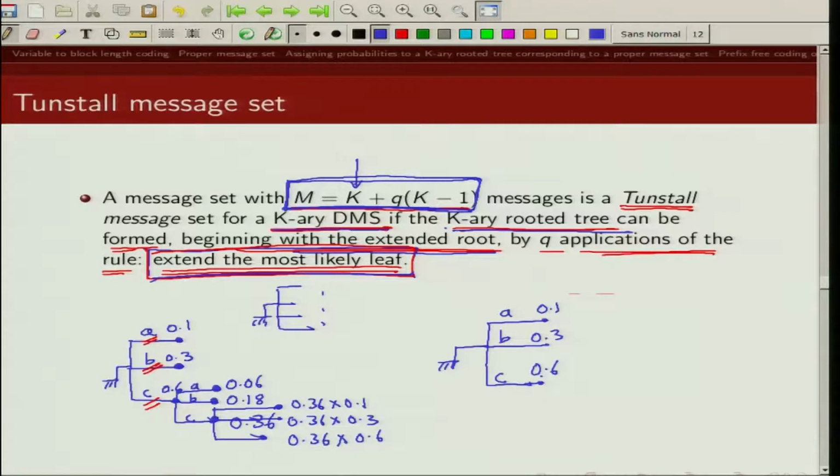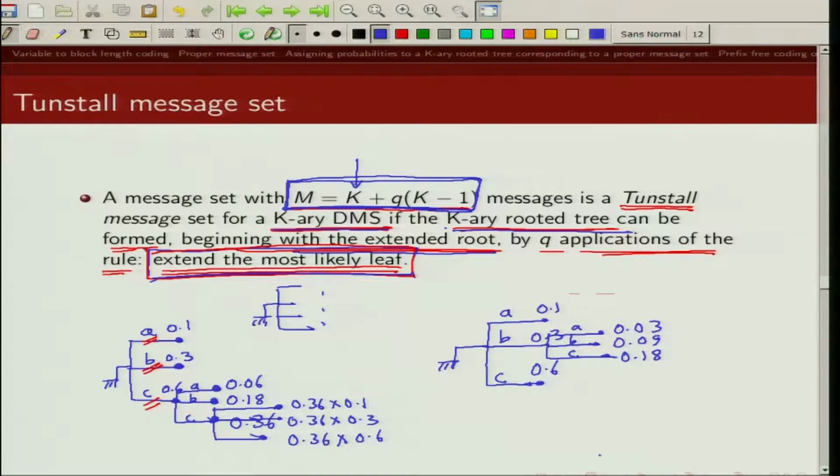Now according to the Tunstall message set rule, I should be extending this particular node. But if I don't extend this node, let's say I extend this particular node. Then this is A, B, C, this probability is 0.3 into 0.1, that's 0.03, 0.3 into 0.3, 0.09 and 0.3 into 0.6, that's basically this.